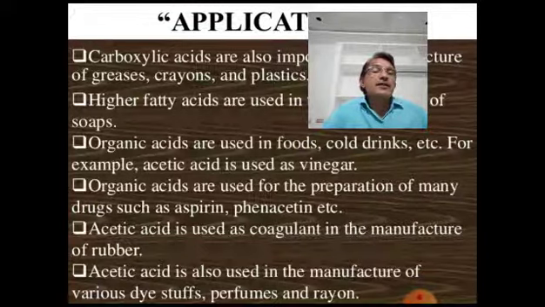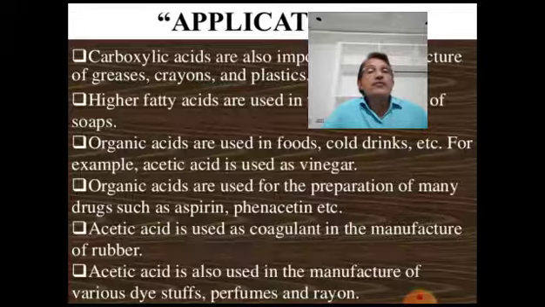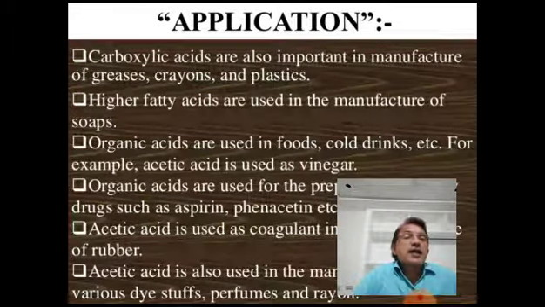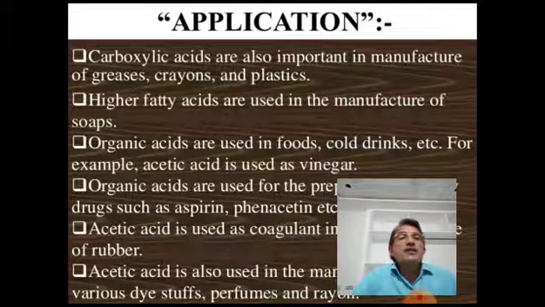That ethyl acetate possesses a pleasant odor and sweet smell, and ethyl acetate, which is an ester, is used in making perfumes. So these are the various uses of acetic acid. Acetic acid is also one of the important organic compounds used at the industrial level.